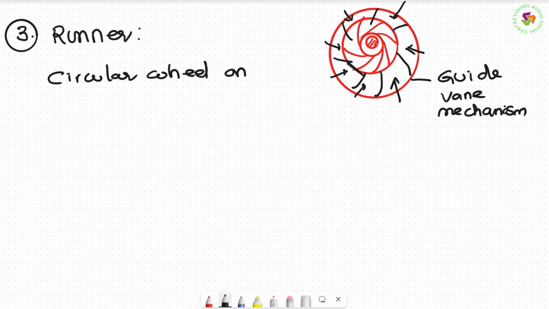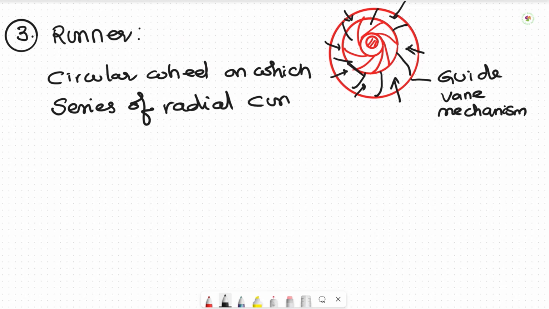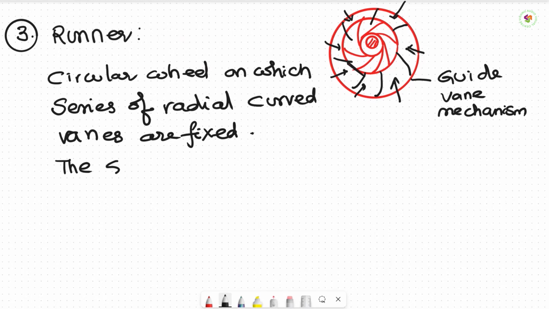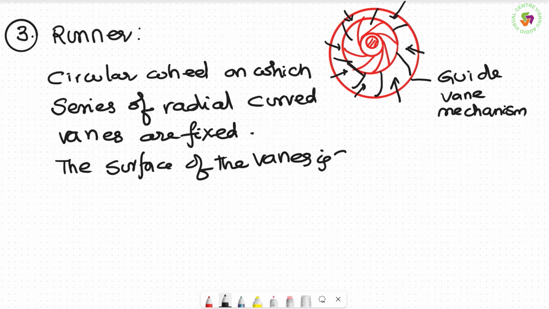On which a series of radial curved vanes are fixed. That is number one. The surface of the vanes is smooth. This is number two.